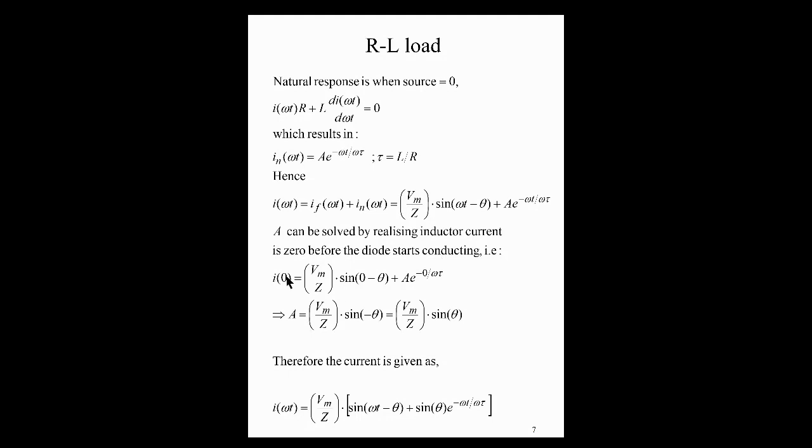We set this current equal to 0, with omega t in the expression equal to 0. And when the dust is settled, we rearrange, making A the subject of the formula. This is what we end up having, just the peak voltage divided by the impedance multiplied by sine theta.